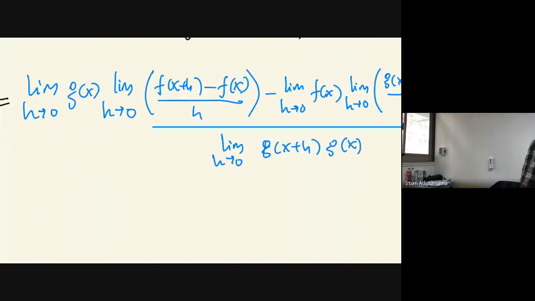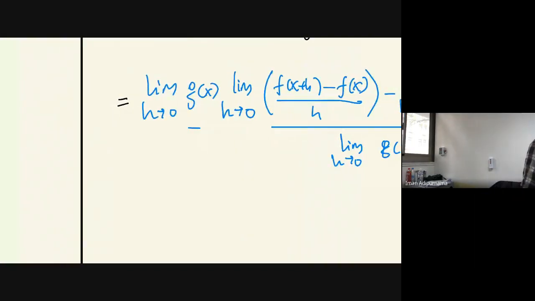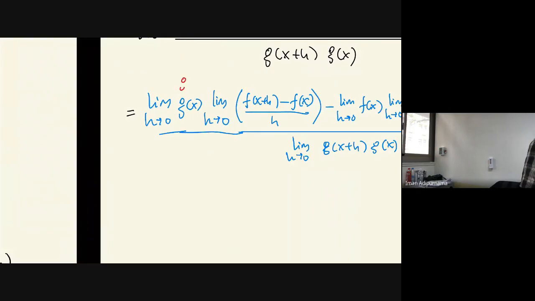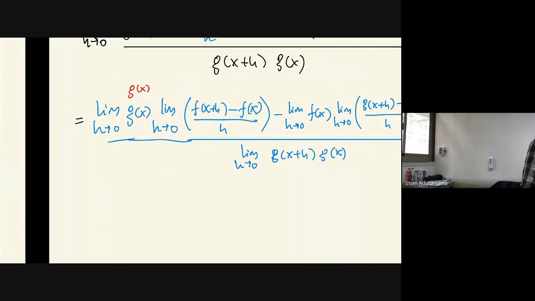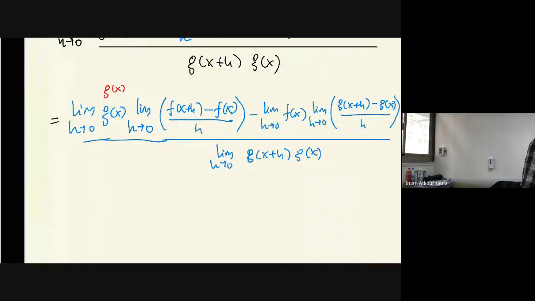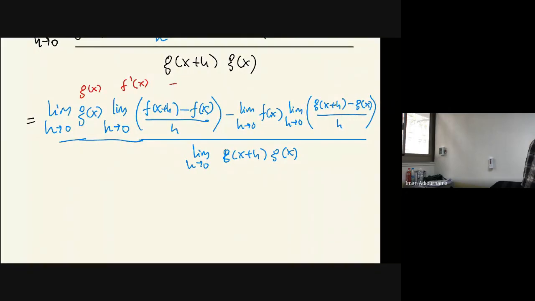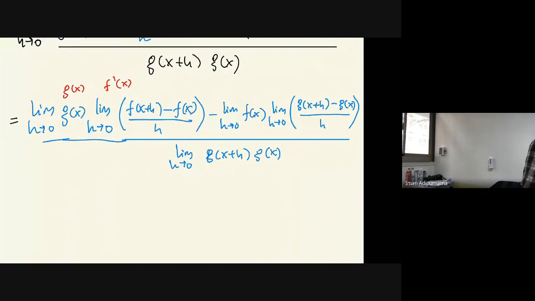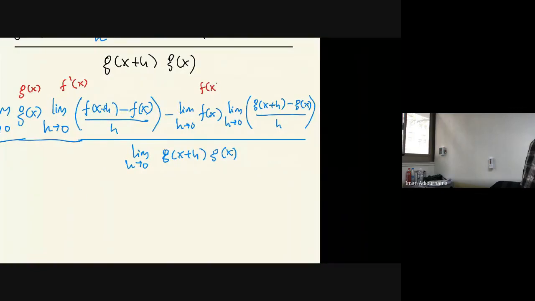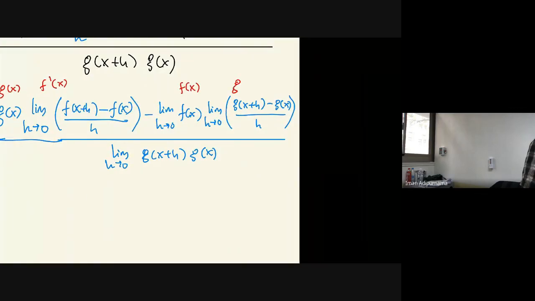Okay, so see from here, this is just g of x, and this part will be f prime x, right? And this is just f of x, and this part will be g prime x. And the whole part at the bottom becomes g(x) squared.